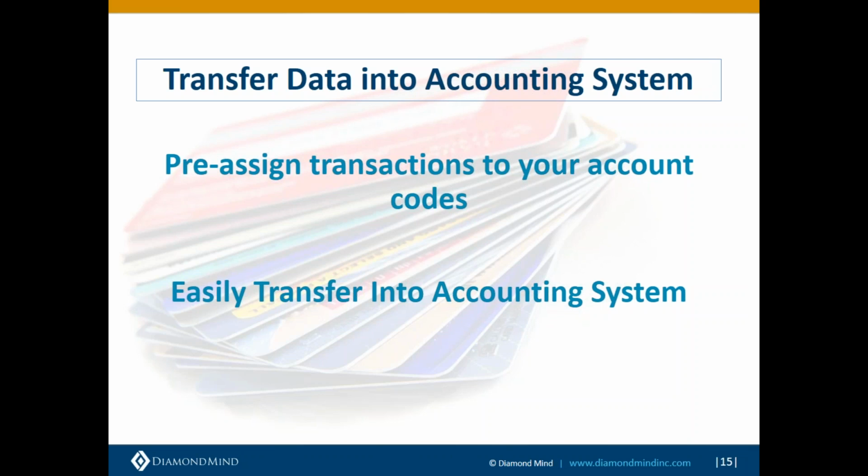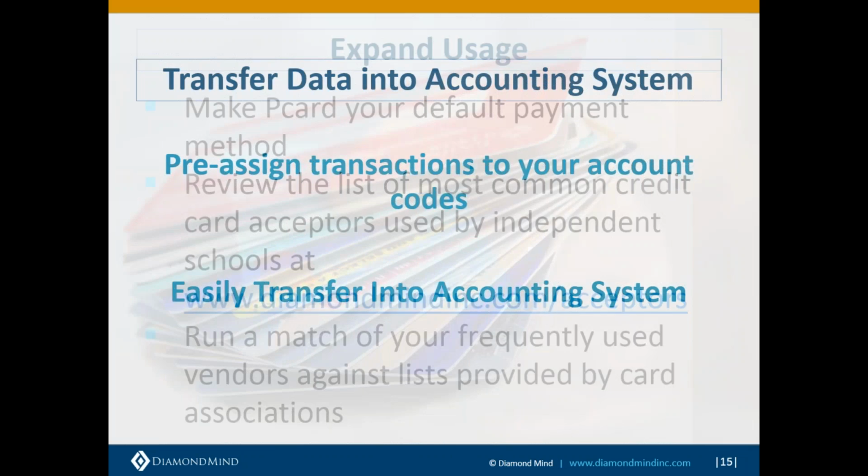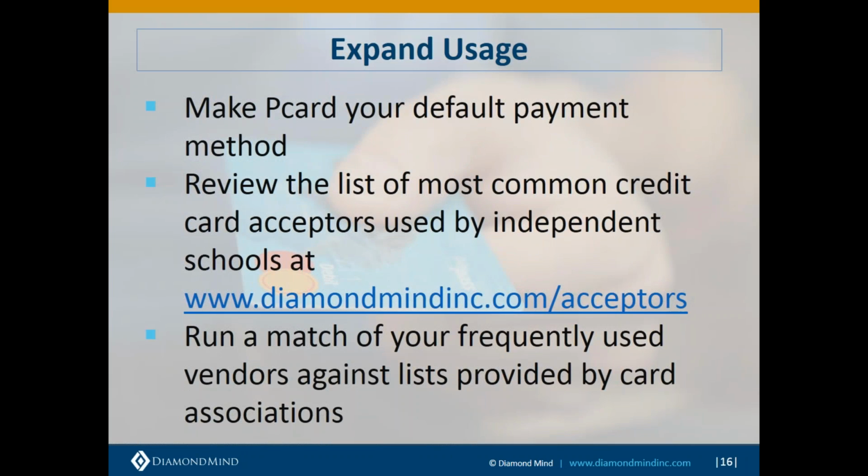So once we have all of those things in place, we really want to think about how we can expand usage as well. We want to make PCard the default payment method. If folks are making purchases for the school, you really want them to be using the purchase card. And if you have questions about which merchants or vendors accept credit cards, you can actually review the list of most common credit card acceptors by independent schools.